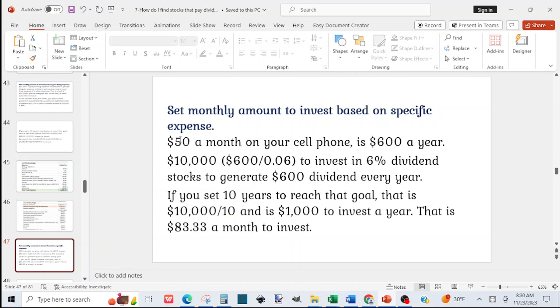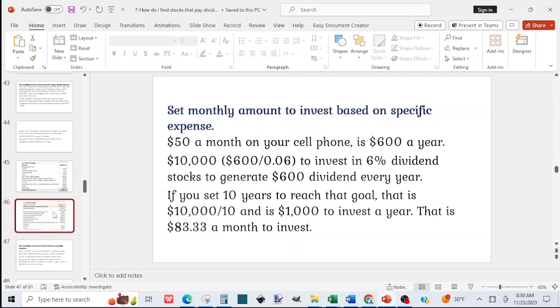That's 600. 50 times 12 is 600. Divided by 6% is 10,000. So if you invest 10,000, in a 6% stock, you will make 600 a year in dividends. And then you can just take that 10,000 divided by 10 as well to see how much you need to invest a month to reach that goal.